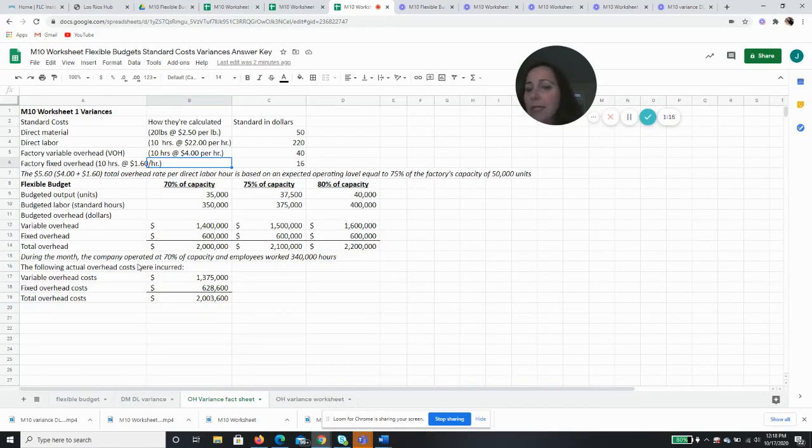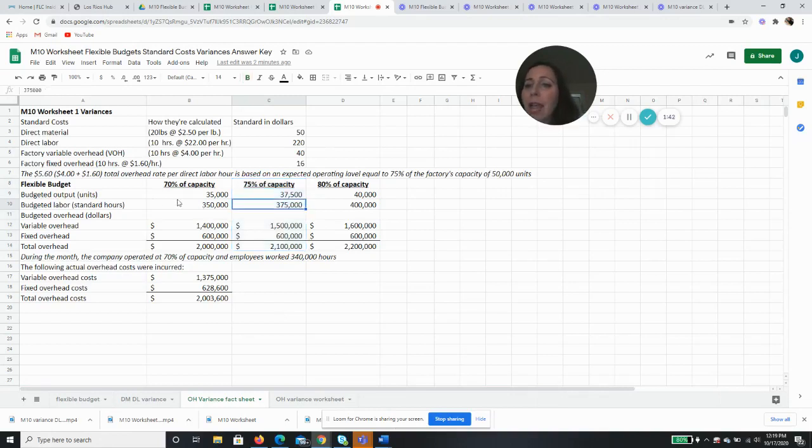Okay, so our capacity is 50,000 units, but our standard is based assuming we're going to operate at 75% of capacity, okay? That's how we set our standard, which tells you that if we end up operating at anything other than 75% capacity, we're going to have a variance because that's how we set our standard under that assumption.